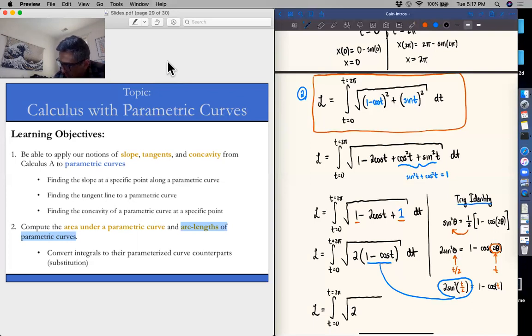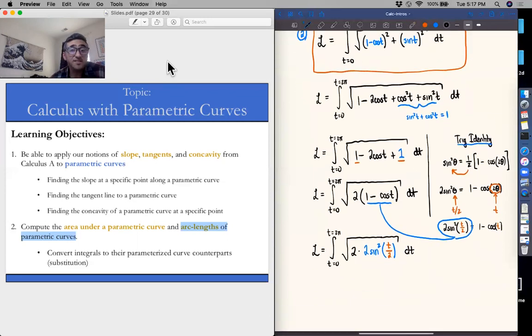So we have this is 2 times 2 sine squared of t over 2 dt.